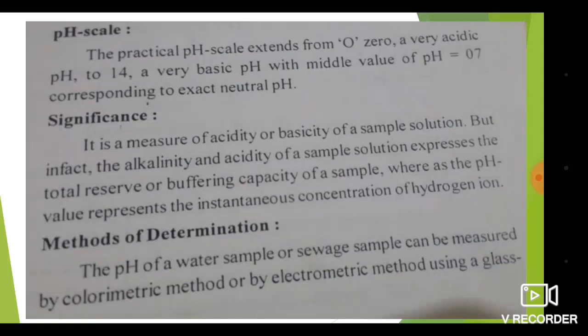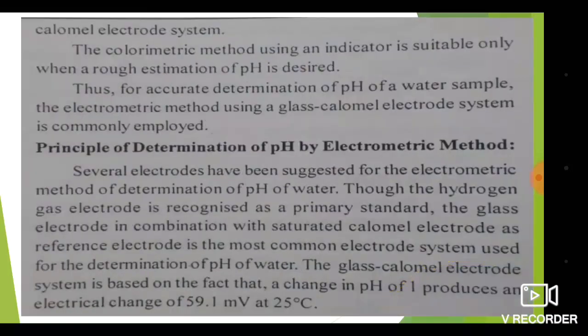Method of determination. The pH of a water sample or sewage sample can be measured by the colorimetric method or by the electrometric method using a glass and calomel electrode system.